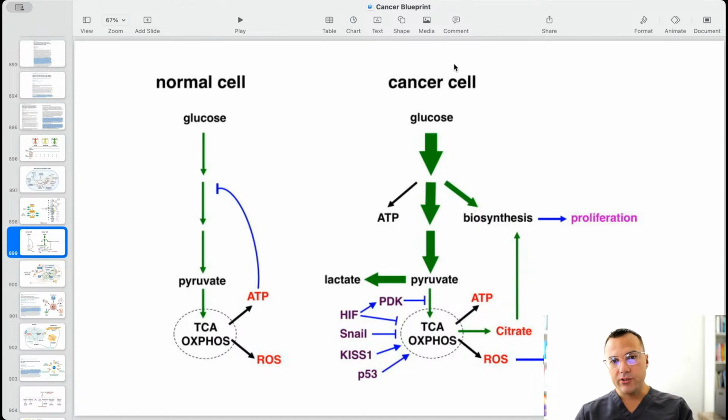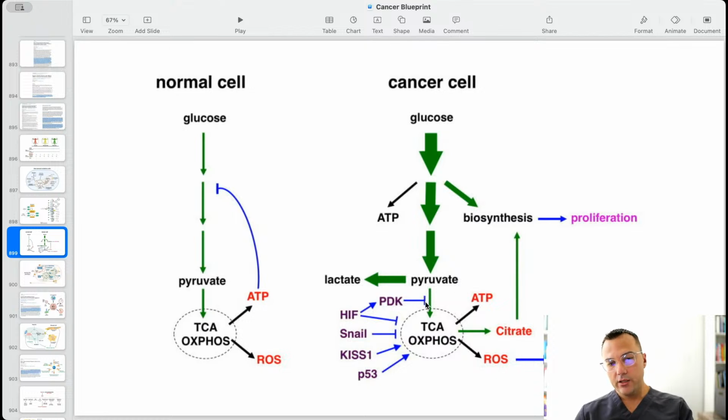However, in a cancer cell, we're going to use 10 to 30x the amount of glucose that a normal cell would uptake and utilize, signified by these very fat green lines, right? And that is going to be utilized through glycolysis to make pyruvate.